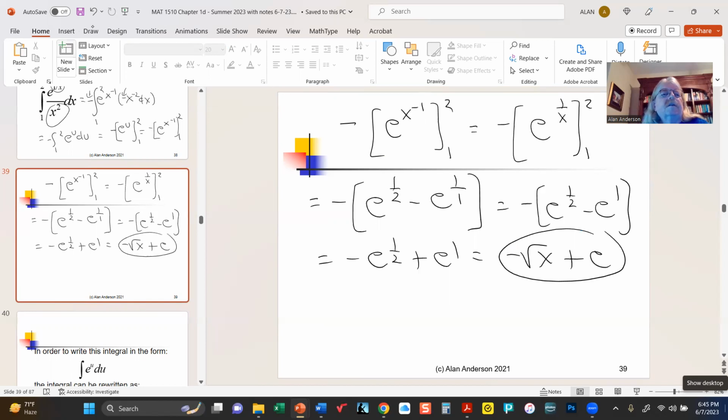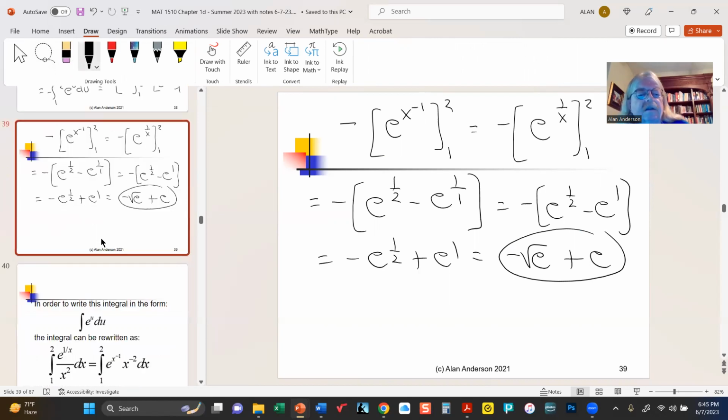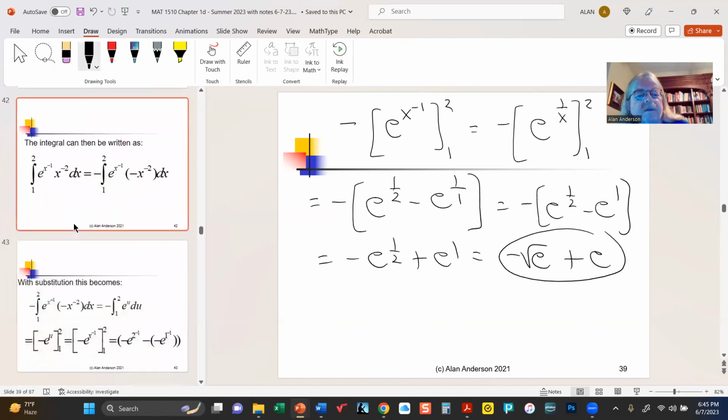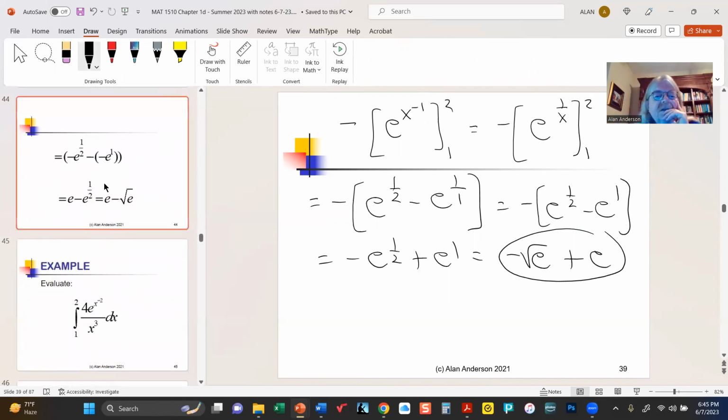Oh, what did I do? No, sorry. Not square root of x, square root of e. I think that's a little bit cleaner than leaving it x to the minus 1 power. Ooh, that was a mess.